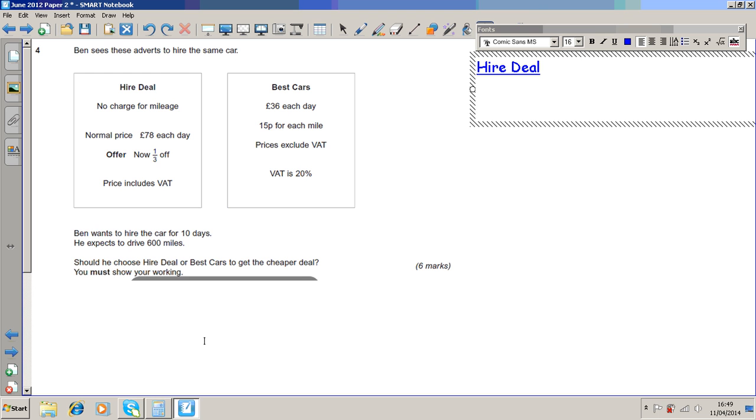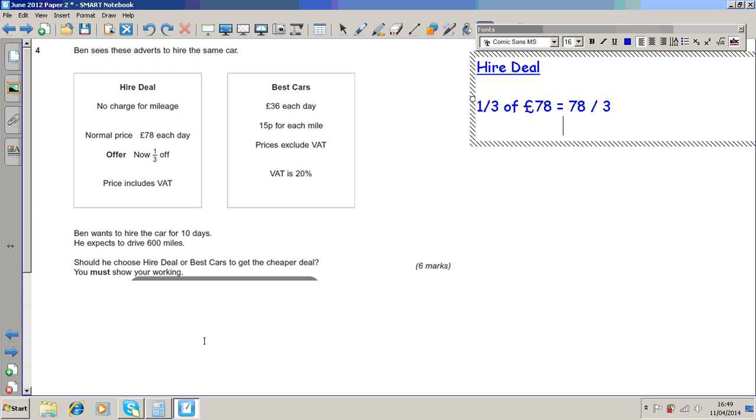So let's do a third of £78 first of all. Well, that is 78 divided by 3, which is, calculator out, £26.